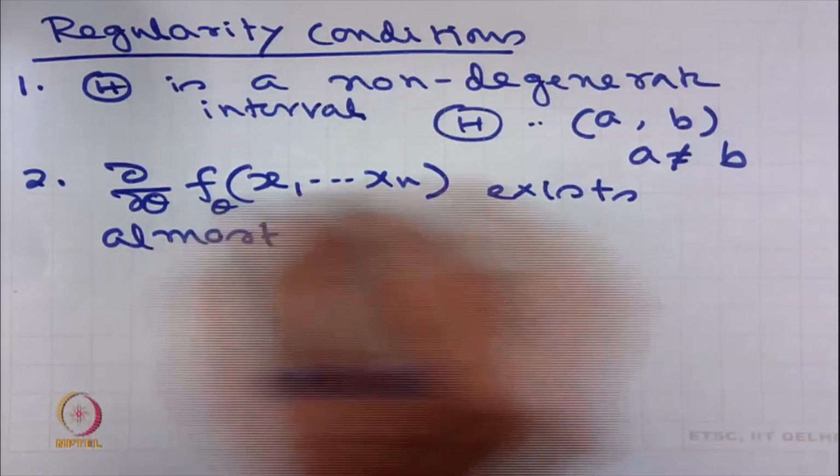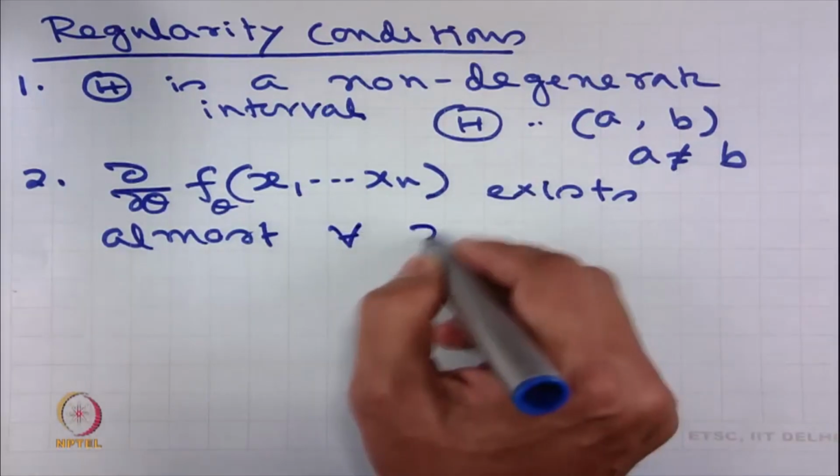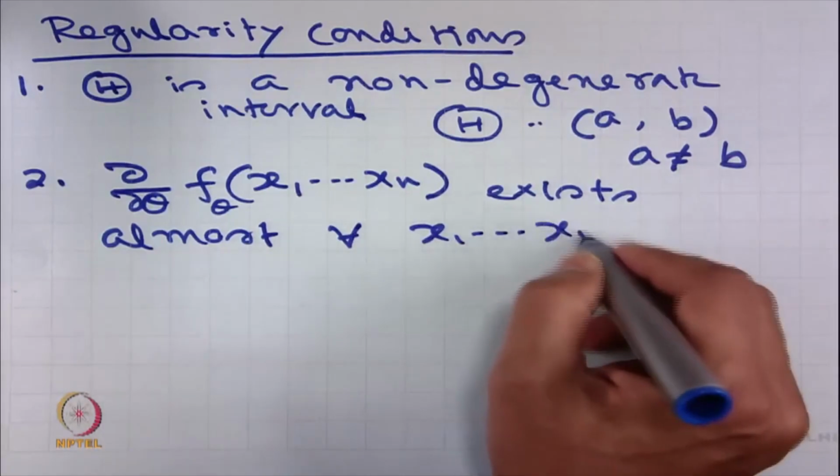The derivative of the likelihood function exists almost for all x1, x2, ..., xn.